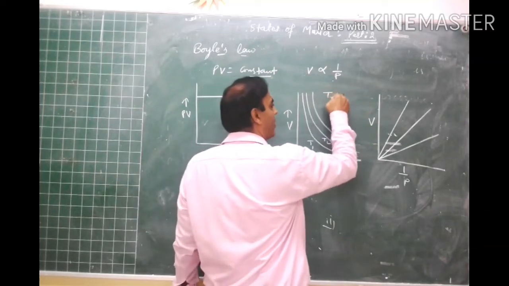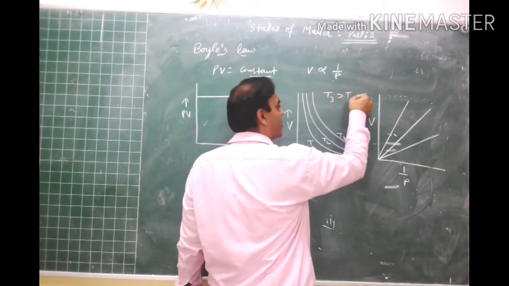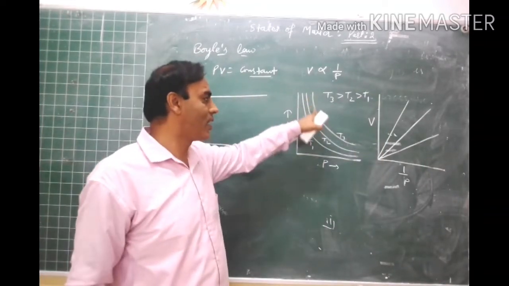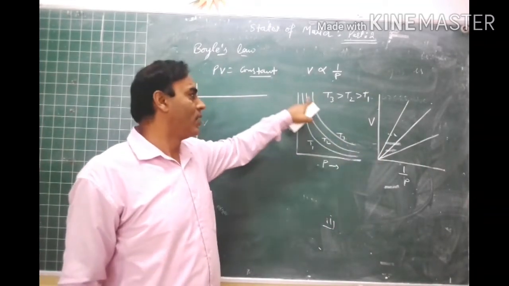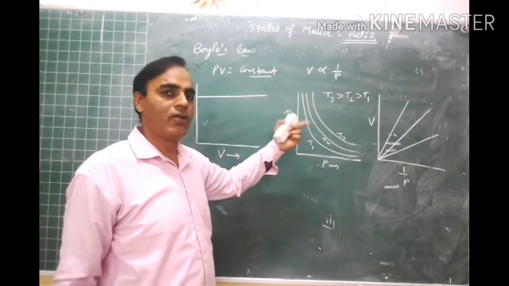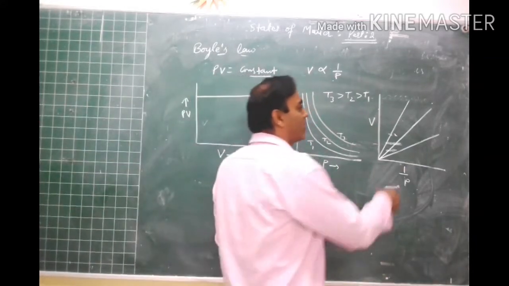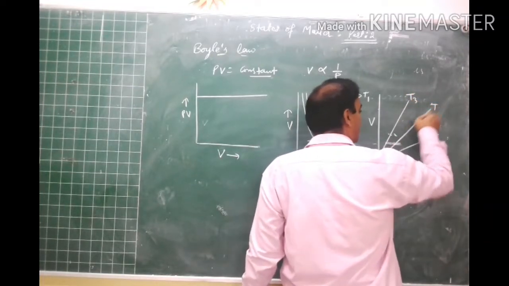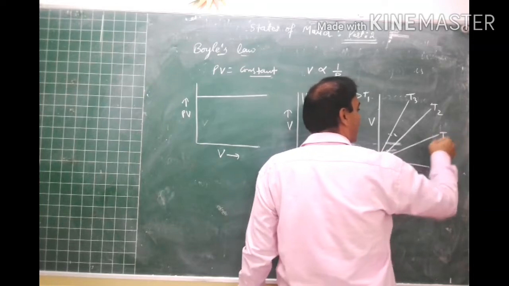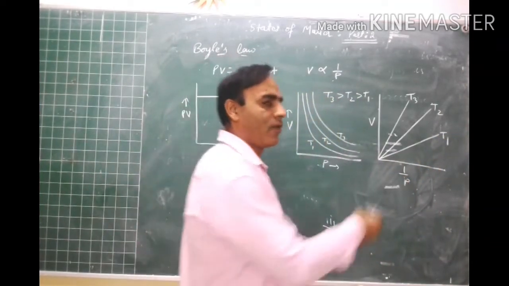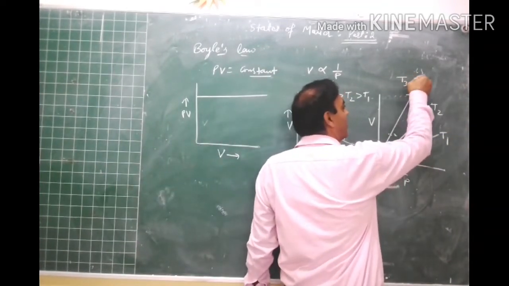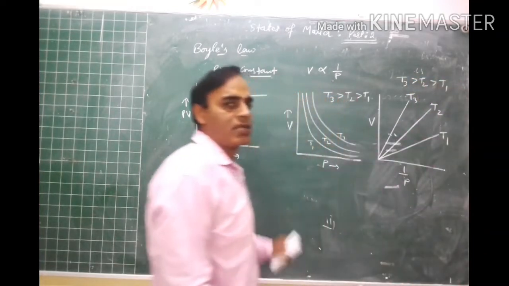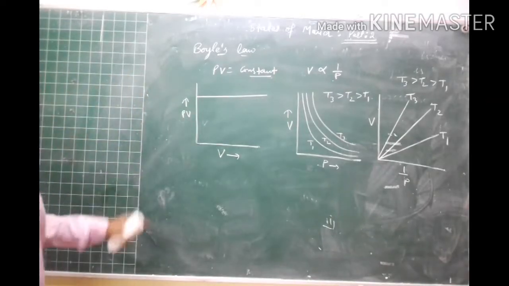So I can write here T3 temperature is more than T2 temperature and T2 temperature is more than T1 temperature. That is, this graph is obtained at higher temperature and this graph is obtained at lowest temperature. So this is about the graphs on the basis of Boyle's law.